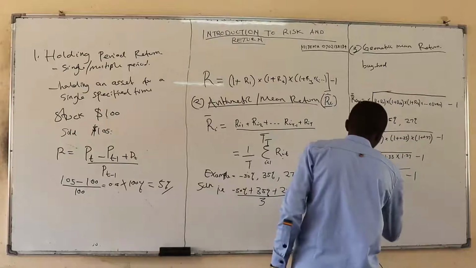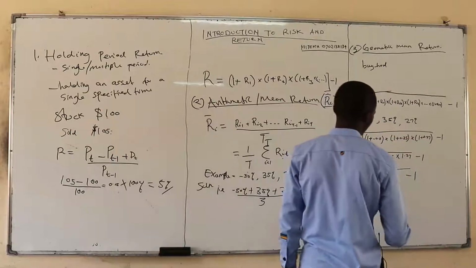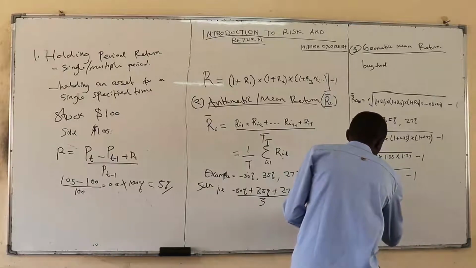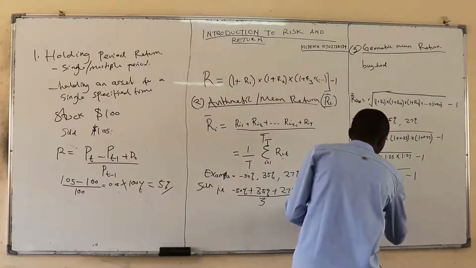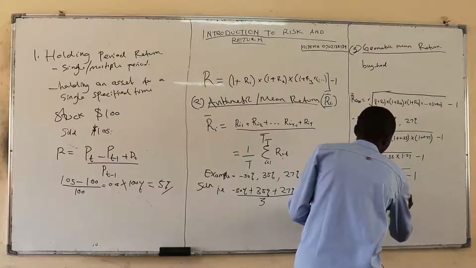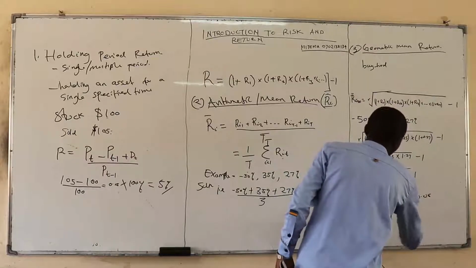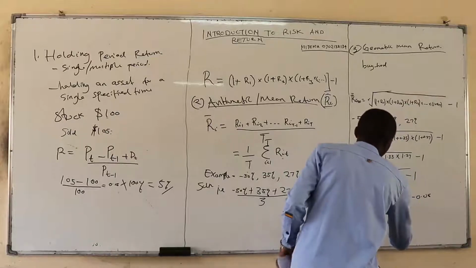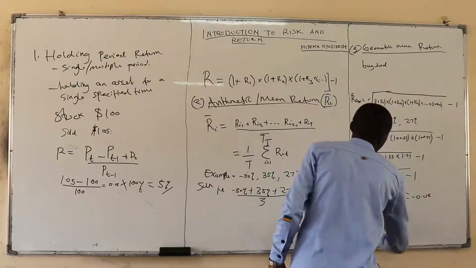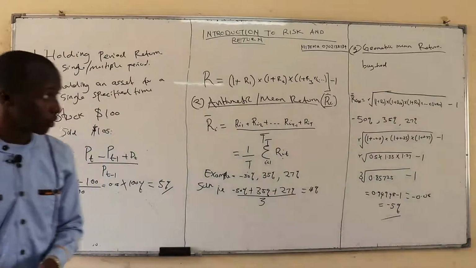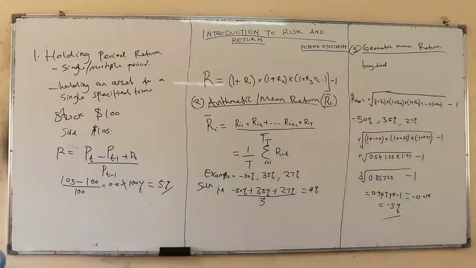The cube root of 0.85725 is 0.94995, minus 1. You find it is minus 0.05. So this is equivalent to minus 5%. So it is a negative return of minus 5%, meaning it's not a good venture.